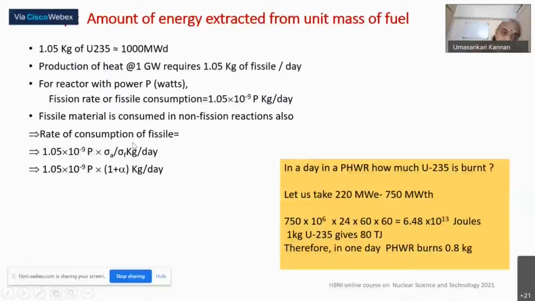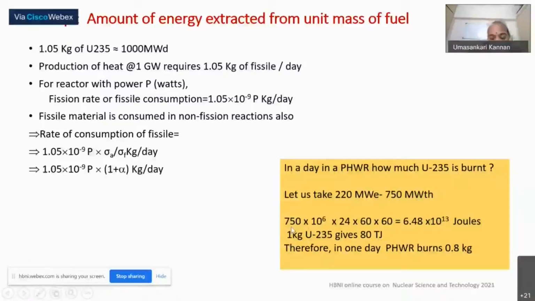Out of this fission power, 95% is what goes to the coolant, or is extractable as thermal energy. So this 750 megawatt thermal is that amount of energy which has been given to the coolant to take to the secondary side and so on. And with the conversion from heat to electricity, which is about 33%, you get 220 megawatt electric.